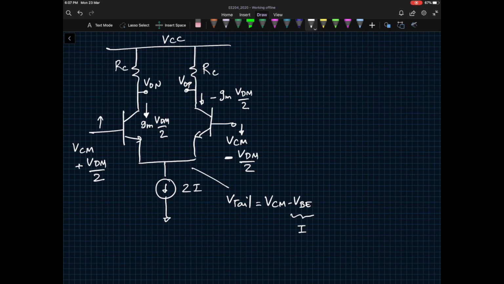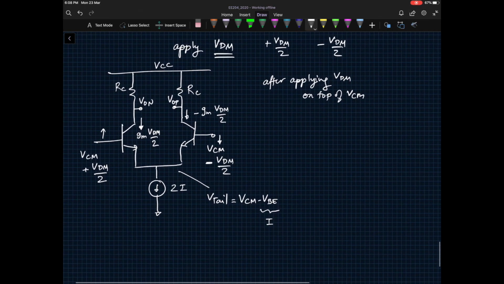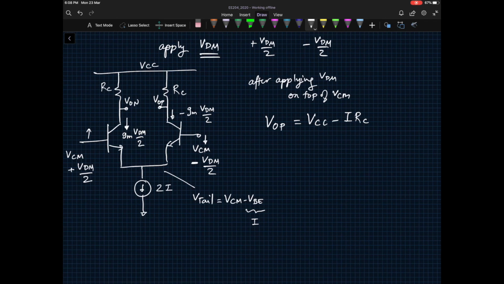So then after applying VDM on top of VCM, what we see is VOP, which was originally VCC minus IRC. Okay, that was the original value without VDM, and on top of that you would see plus GM VDM divided by 2.